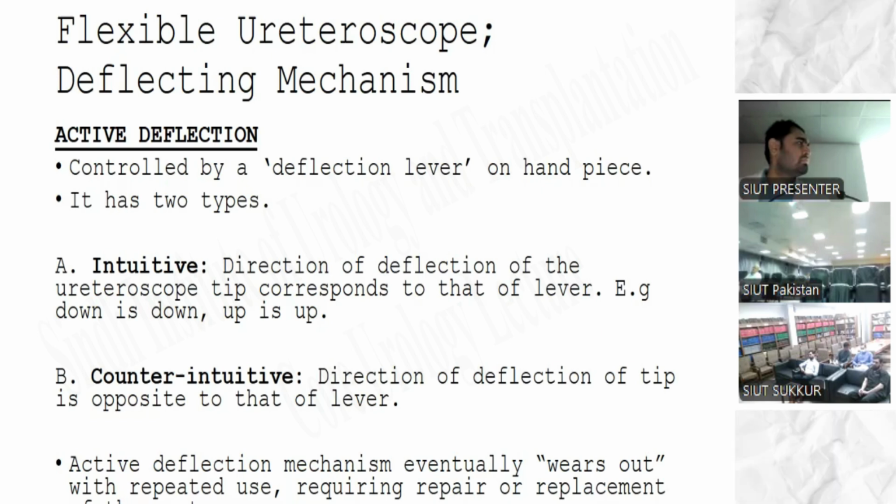It causes deflection or bending of the instrument. Then we can do the active deflection to reach the lower calyx. The lower calyx cannot be reached with active deflection alone because it permits deflection up to 180 to 210 degrees at max. We can visualize the lower calyx with active deflection, but to perform a procedure there, it needs further deflection. Then comes into play passive deflection or exaggerated deflection, right?